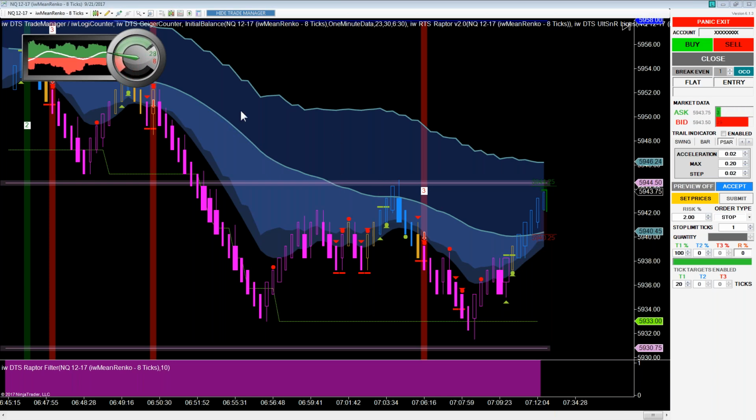Okay, so obviously we've breached that bigger trend line that I had drawn there. So we'll see now if we get a bounce off the hard edge here, another test of the extreme, and a rally up.